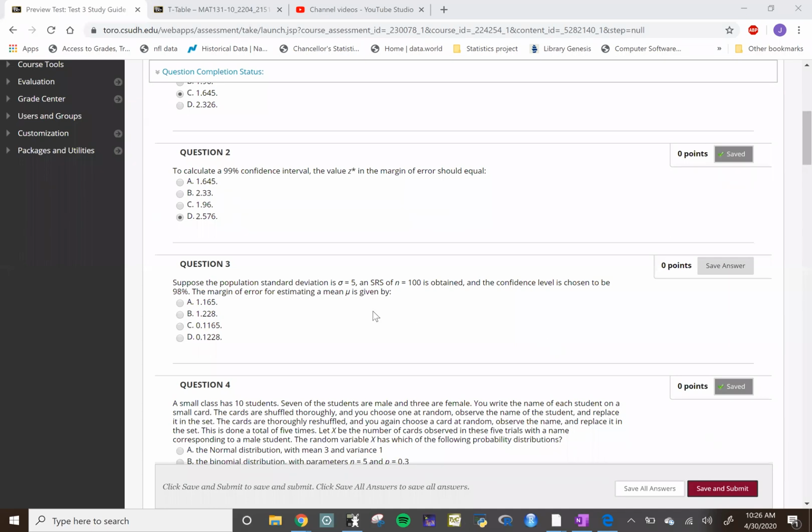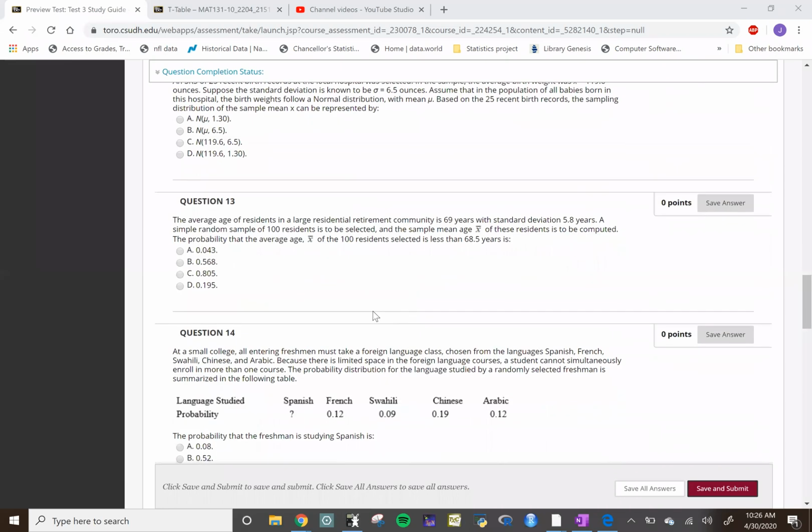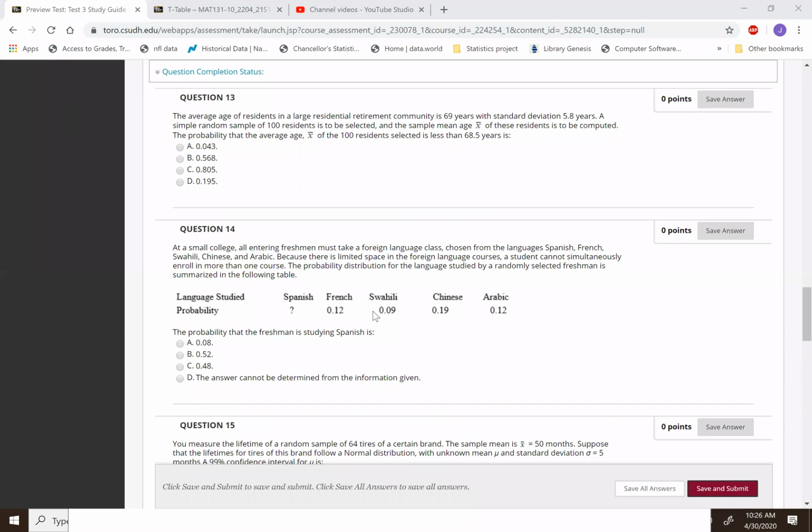All right, so question 13. For question 13, it says the average age of the residents in a large residential retirement community is 69 years with a standard deviation of 5.8.